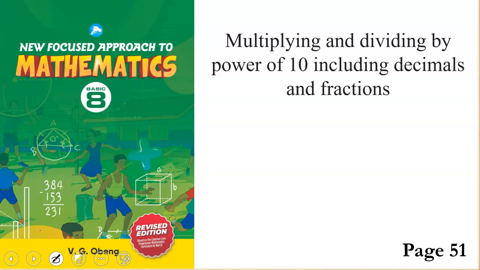In primary school, and let's say junior high school 1, you learned how to multiply a number by 10. For example, if I say 31 times 10, you just have to attach 0 to the number 31 and that becomes the answer.